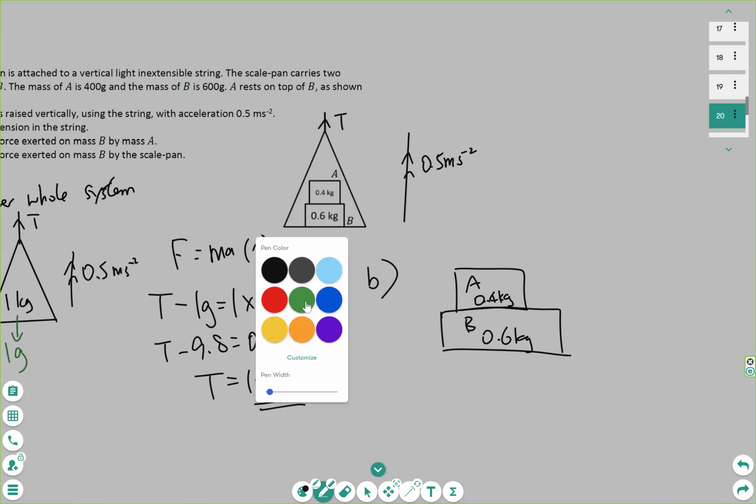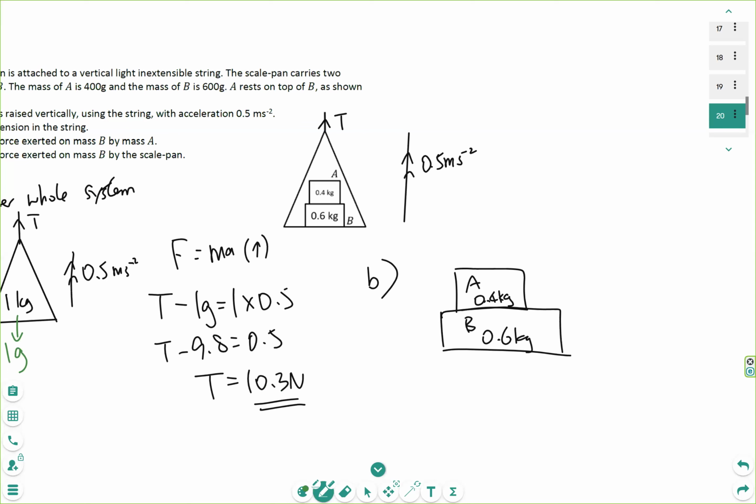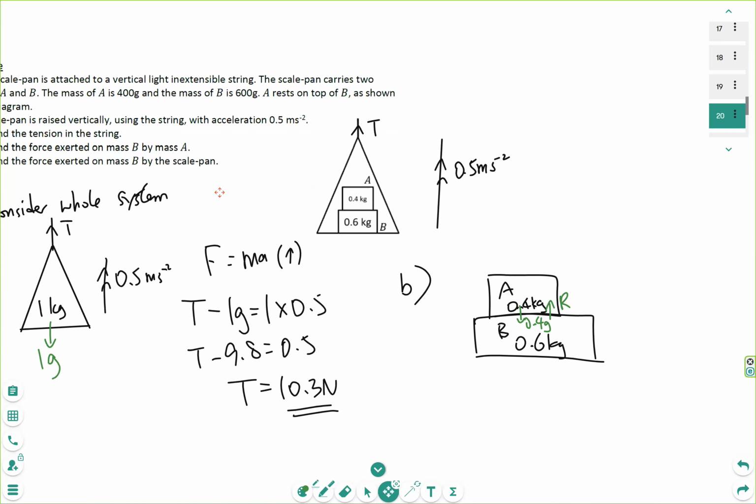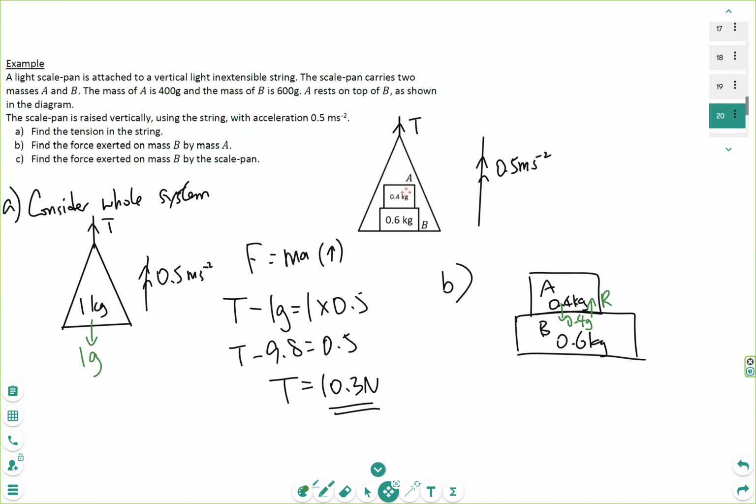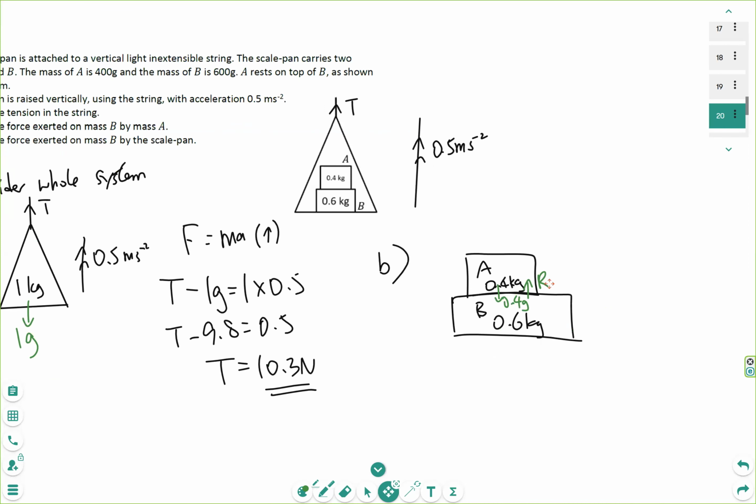A is exerting a 0.4g on B because that's the weight of A, and in return B has provided a reaction force. When they ask you to find the force exerted on mass B by mass A, they talk about the 0.4g, but it's not as simple as that, because it's moving.